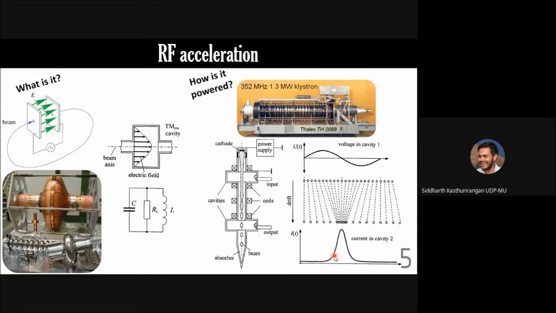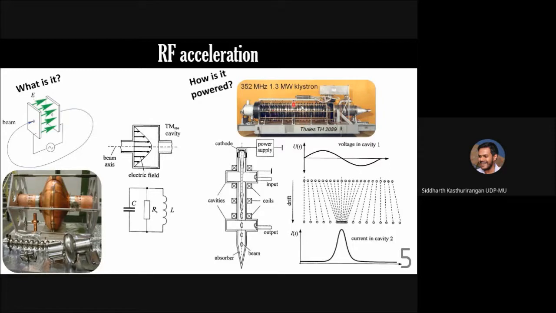At the same time, it is very important to be aware that there will be a power generator like a klystron, or a magnetron, that's the other type, which will be powering the RF accelerator. So there are methods in electrical engineering to obtain extremely high powers based on some simple mechanism. At least in principle or in theory, it is simple. In practice, of course, you can see it's much more elaborate.